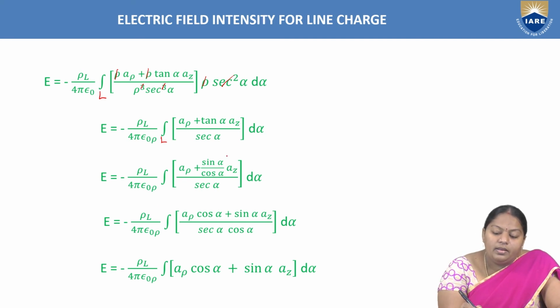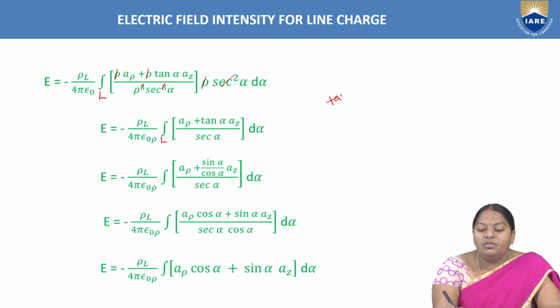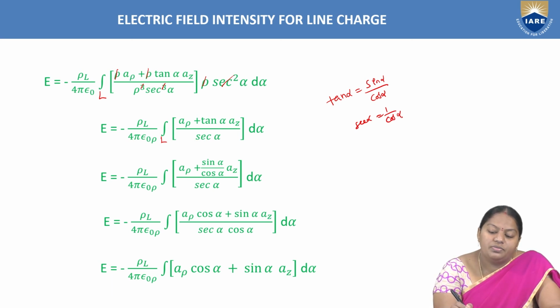So again, if you express this in terms of tan, as we know the formula for tan alpha is sin alpha by cos alpha, and for secant alpha it is 1 by cos alpha. Then, substituting here, a rho plus sin alpha by cos alpha into az by secant alpha, that is 1 by cos alpha.